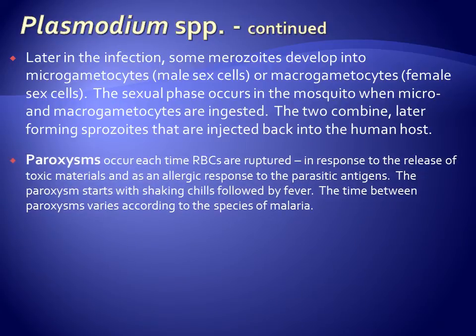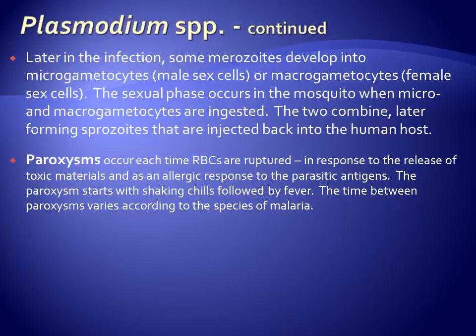We're going to use the term paroxysm. And paroxysm is what we observe periodically in the patient who has malaria. The paroxysm occurs when red cells are ruptured, and typically these ruptures happen in mass.